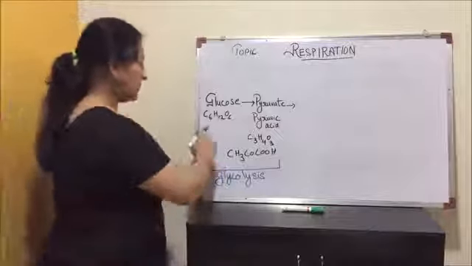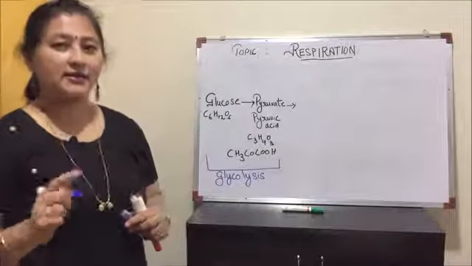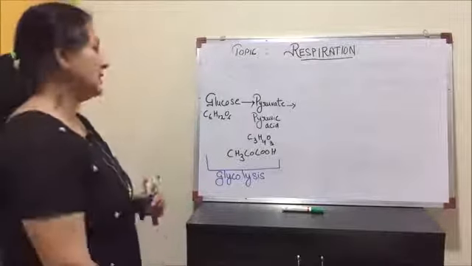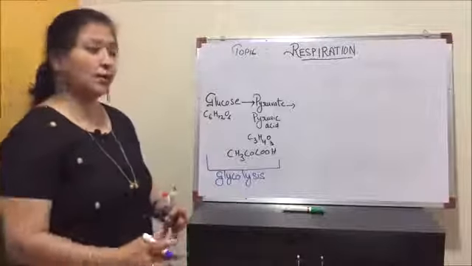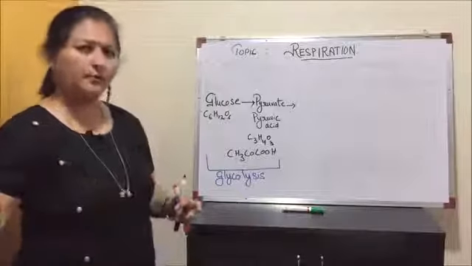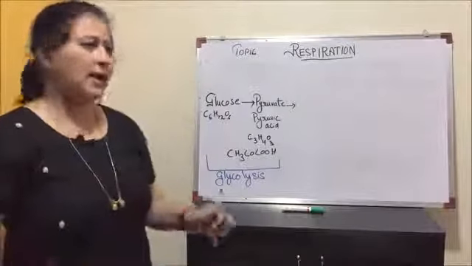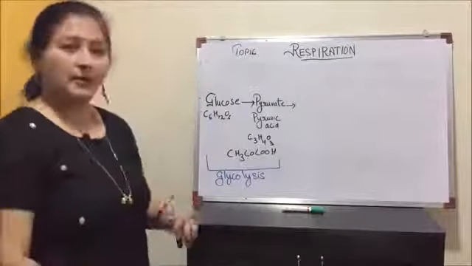And this particular reaction takes place in cytoplasm of the cell. Now here you can see the oxidation is not a complete oxidation. As I told you, in complete oxidation all the 6 carbon bonds break down and release energy, right? So this particular reaction takes place in cytoplasm. So I'll write here cytoplasm.